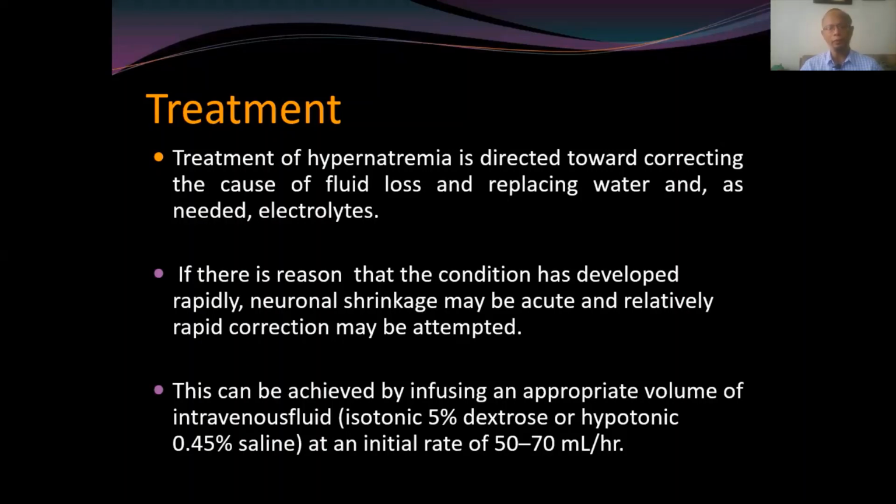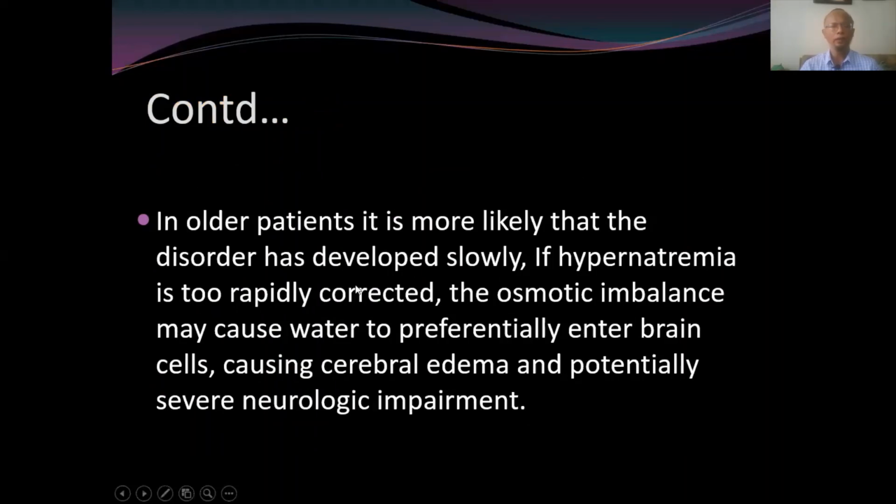This is achieved by infusing an appropriate volume of intravenous fluid, that is isotonic 5% dextrose or hypotonic 0.45% saline at an initial rate of 50 to 70 ml per hour. So half normal saline you can give in such a condition. In older patients, it is more likely that the disorder has developed slowly.